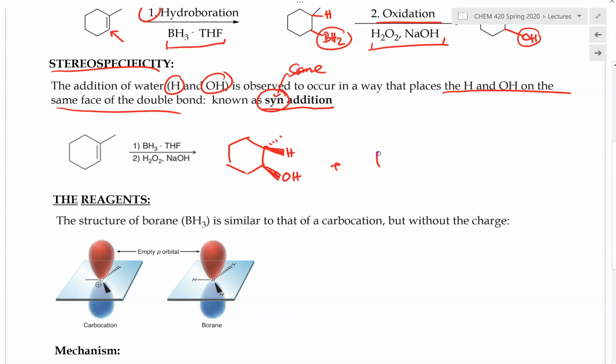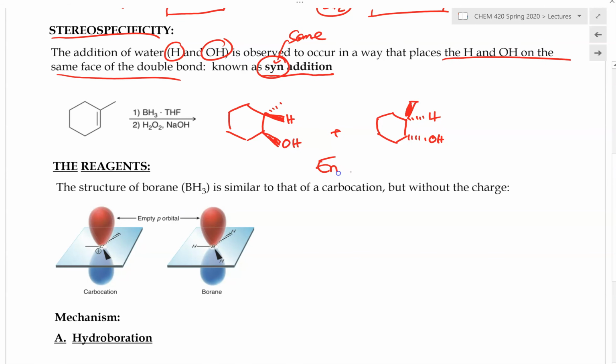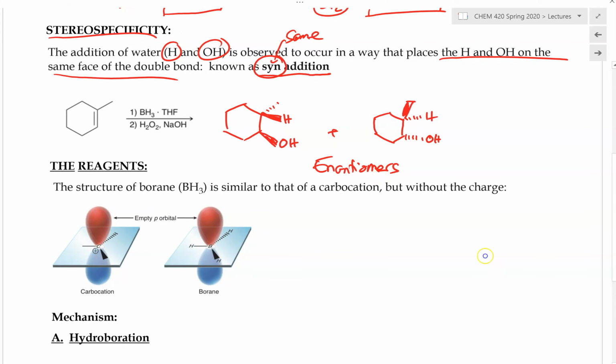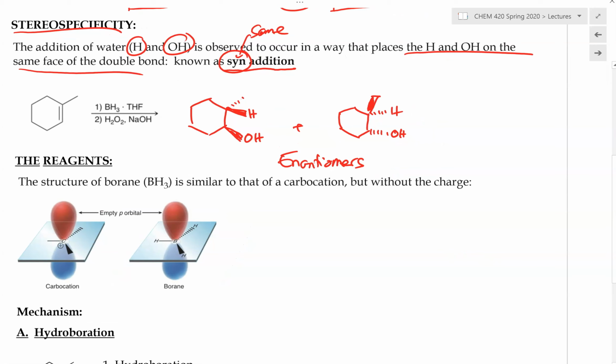We can also form the other product. The other product would be the other enantiomer, where now the hydrogen is pointed in the back and the methyl group pointed in the front. And on the other carbon, the hydroxy group is also pointed on the back as well. So that's what happens. These two are enantiomers. So we are still producing a racemic mixture, but we do not produce any diastereomer.